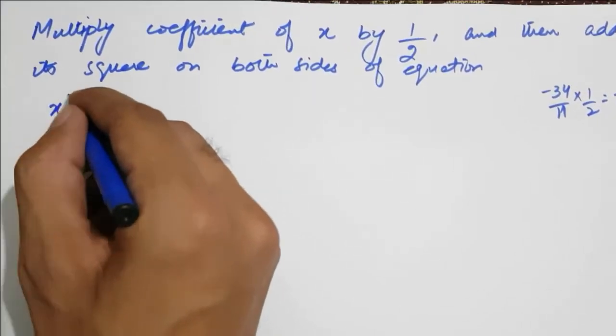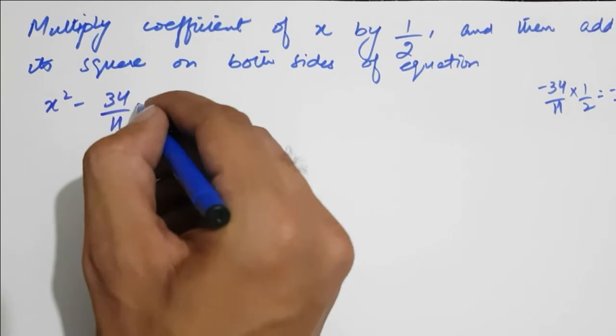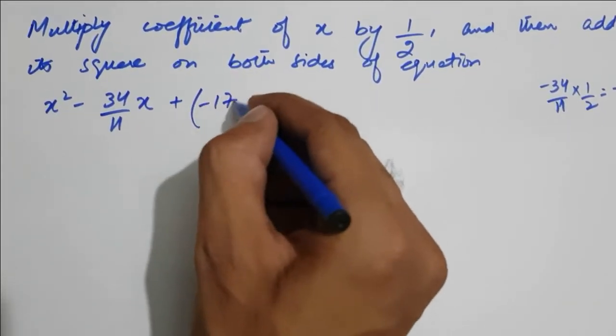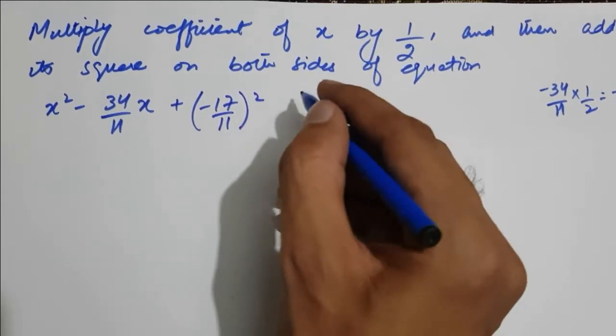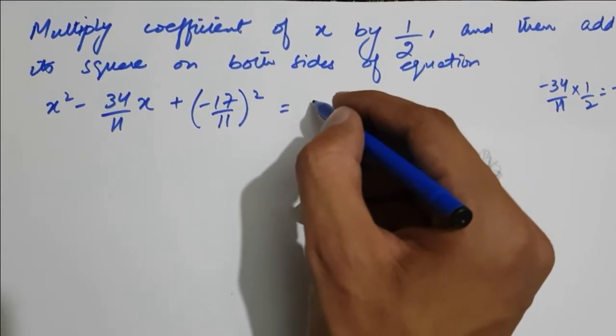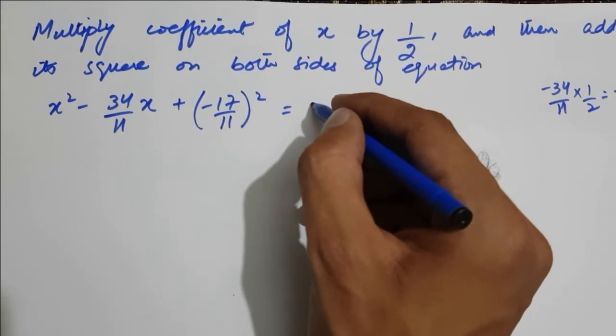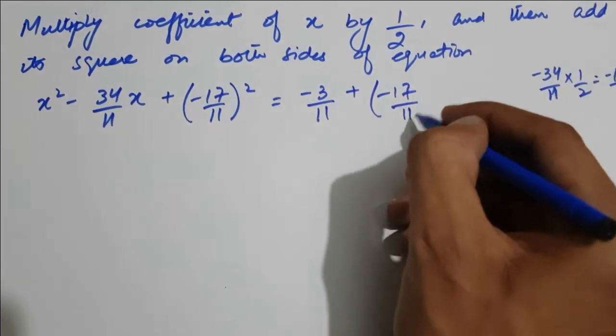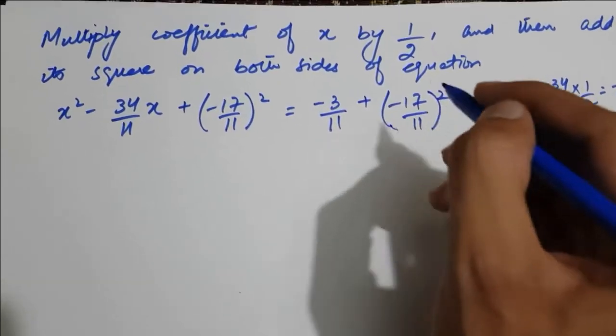So we get x squared minus 34 by 11x plus minus 17 over 11 square equals minus 3 by 11 plus minus 17 over 11 whole square.